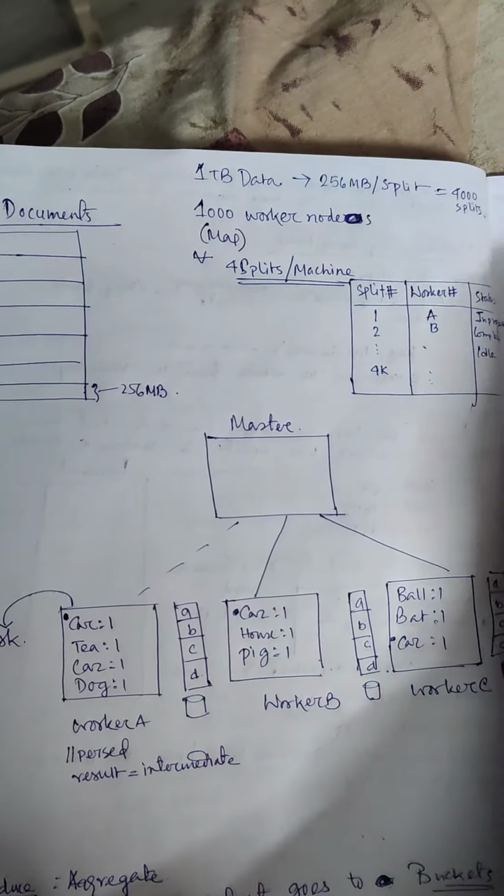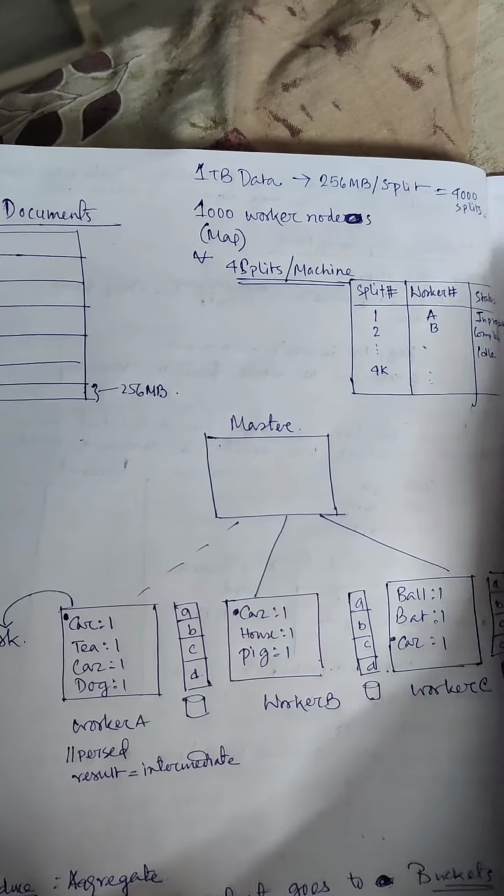Now in the map stage, as we have discussed, the master talks to different slave nodes, and these slave nodes are commodity CPUs in nature, and we have altogether 1000 slave nodes. So if we have 4000 splits and 1000 slave nodes, then each node is going to take responsibility for 4 splits, and that's why we have shown that the split IDs could be 4, 6, 13 and 50.